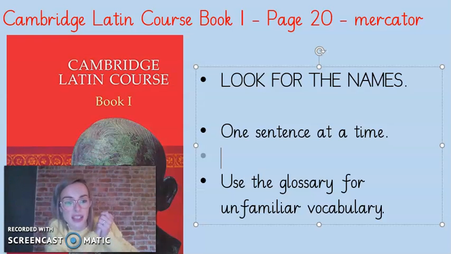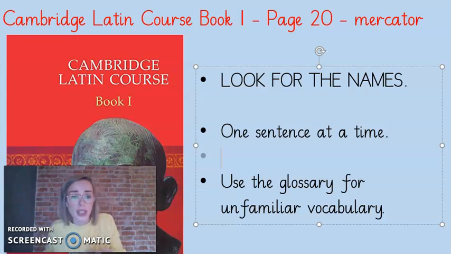Top tips for this translation. I'm not giving you masses of help. I think you can do this on your own because you've done this before with other passages from this book. Top tip number 1 is to look for the names. Now, the characters in this book, we've had Caecilius, Metella, Quintus. They are the same characters as you will see in this book.